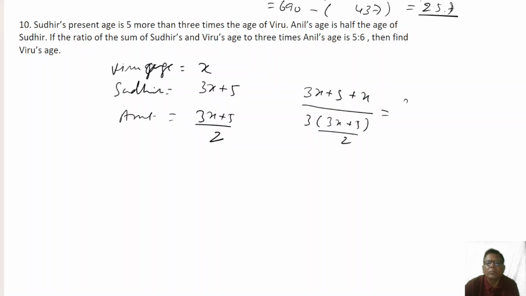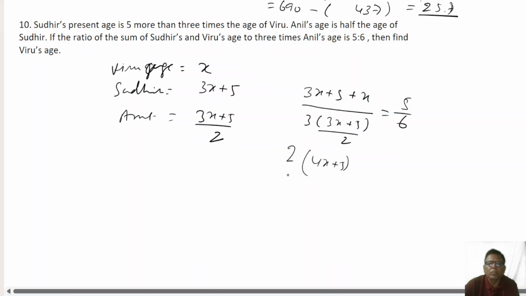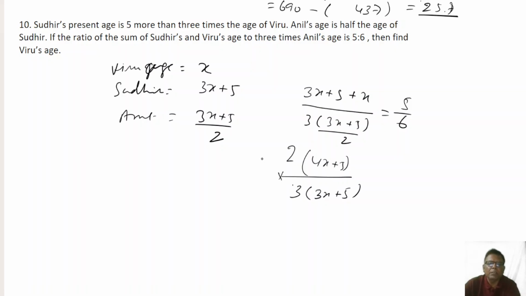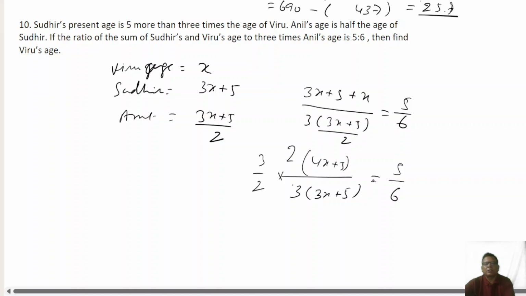That is equal to 5 by 6. Then you take 6 here. So 3x plus x, 4x plus 5, divided by 3 into (3x plus 5) by 2, is 5 by 6.